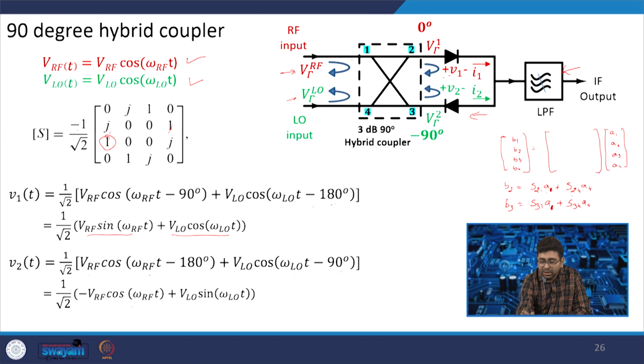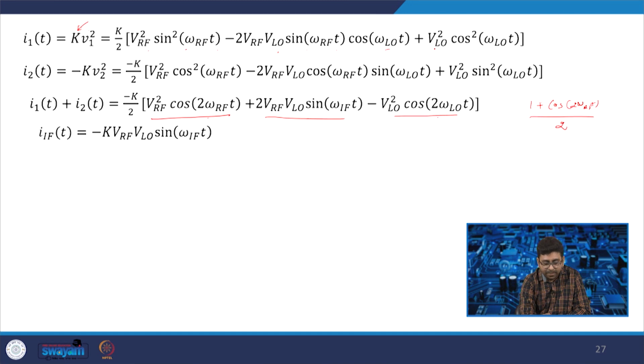If there is a reflection voltage here due to the diode, V gamma 1, we can write it as gamma, which is the reflection coefficient, into V1, which is given by minus A by root 2 gamma into VRF.